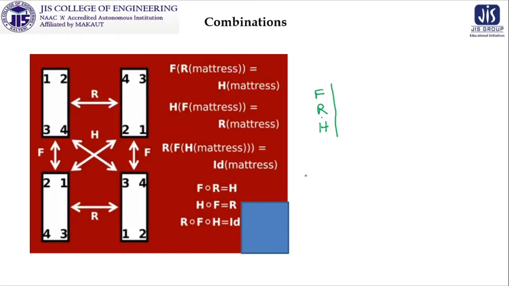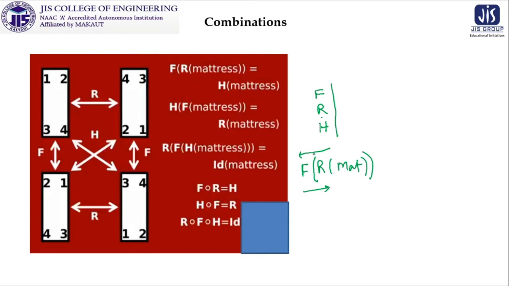If you write R of matrix, that means you are rotating the matrix, and if you write F of R of matrix, that means after rotating you are flipping it. You are writing it in this direction but the operation is done in this direction.